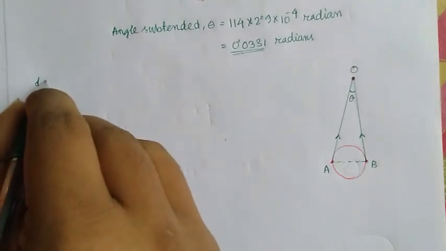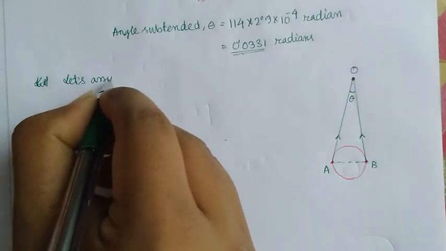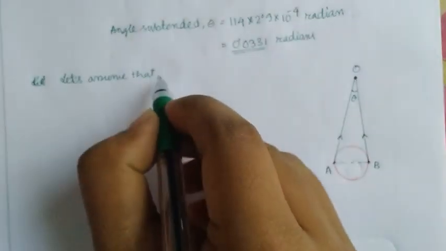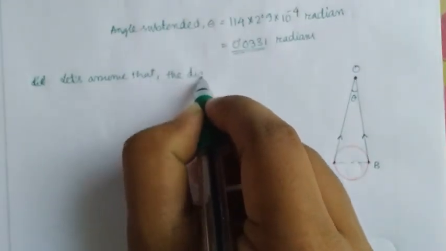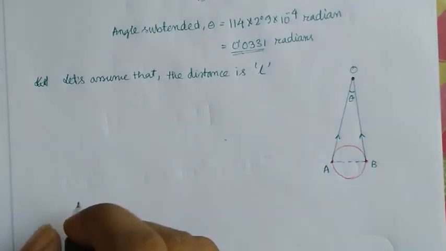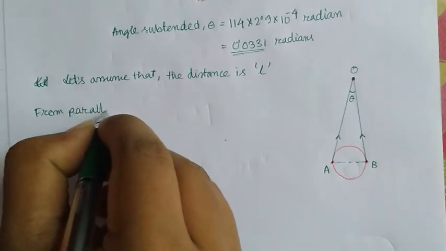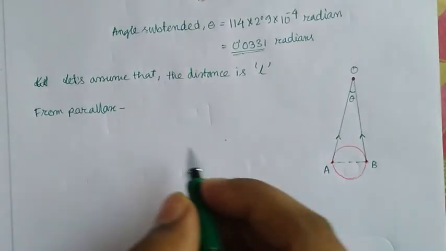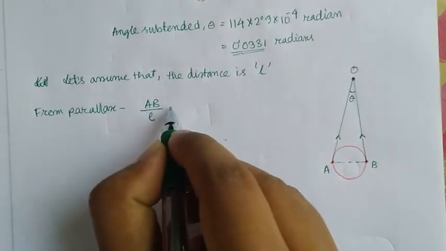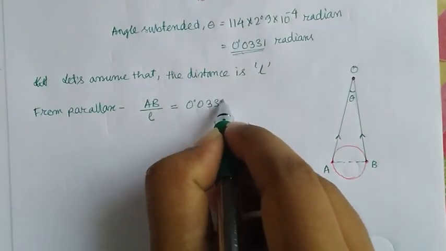Let's assume that the distance between the moon and the earth is L. Therefore, from parallax method, or from geometry, you can write that AB by L is equal to 0.0331.